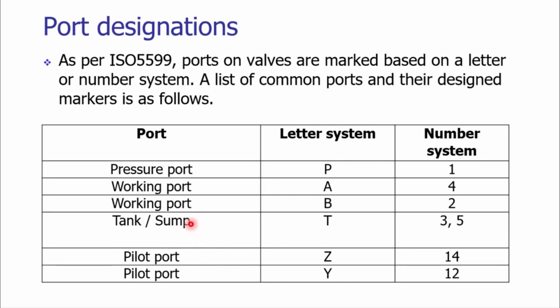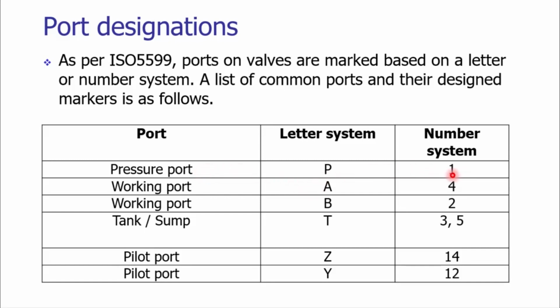As per ISO 5599 or various designation systems, we can use letters or numbers. Particularly, ISO 5599 provides the facility to designate the ports by using numbers. Or in general, we use letters such as the letter P for the pressure port or the power port, or you can call that the pump port as well.